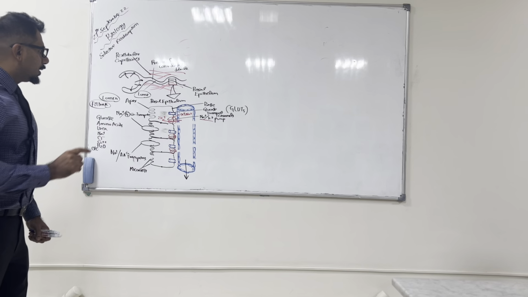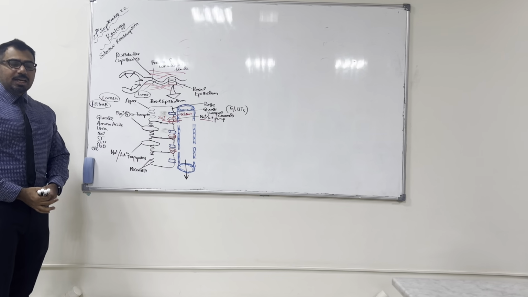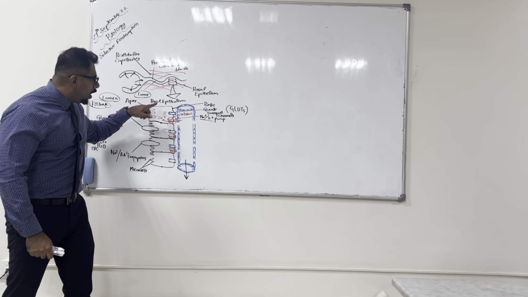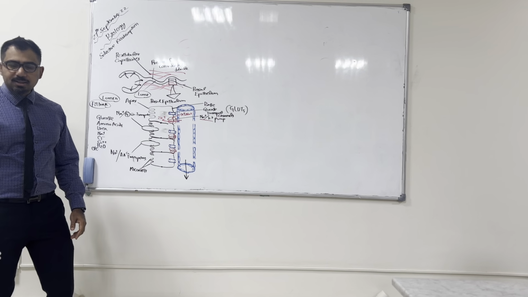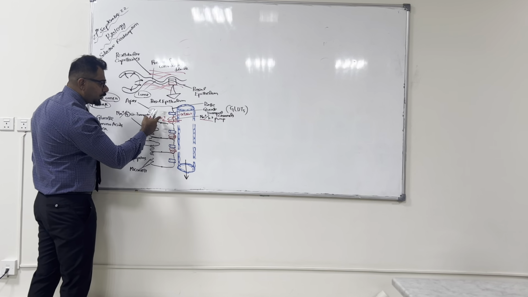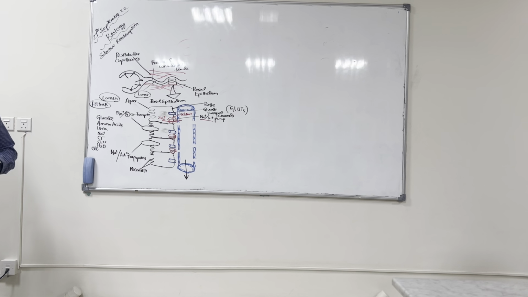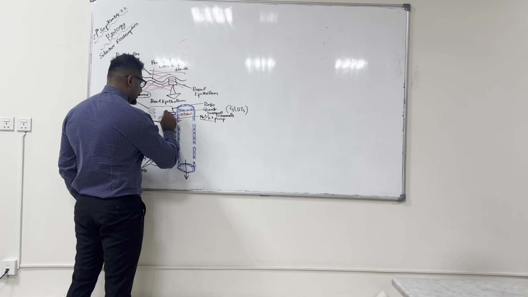Understand? Again listen, what happens? This sodium potassium pump will pump 3 sodium ions from the cytoplasm of the basal epithelium into the blood plasma, right? And 2 potassium ions from the blood plasma into the basal epithelium. And during this, what will it use? ATP.